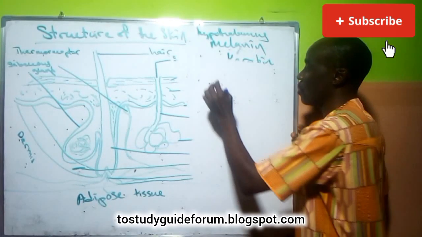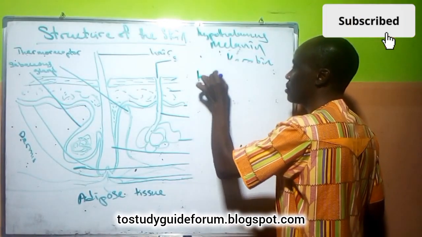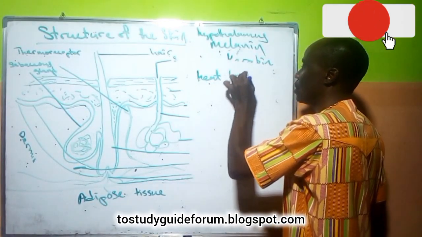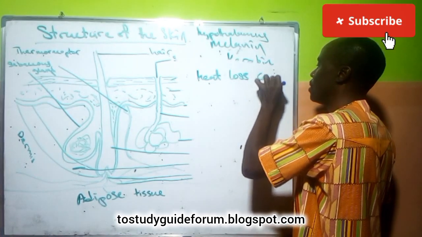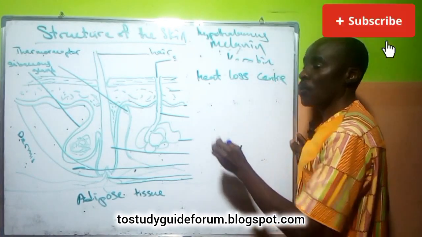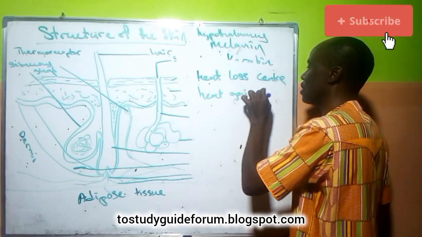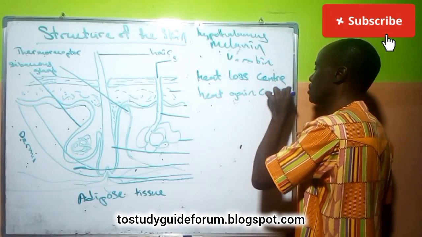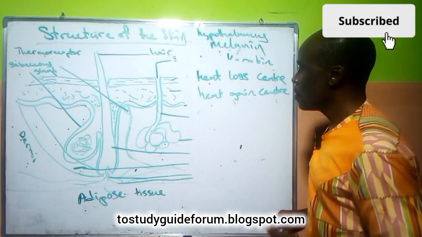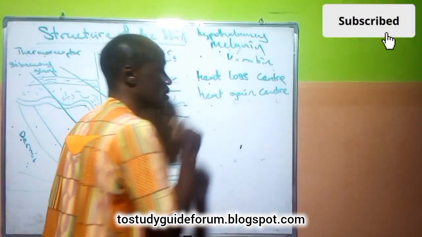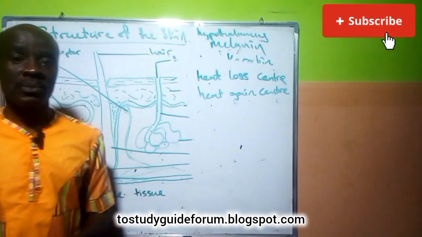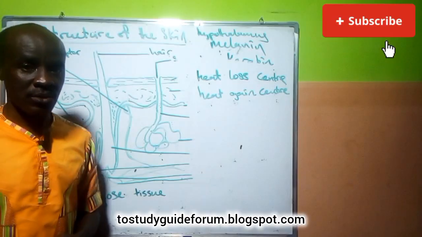One of them is the heat loss center. The second one is the heat gain center. These are the two centers we have in the hypothalamus.